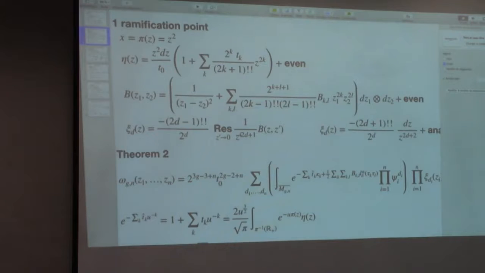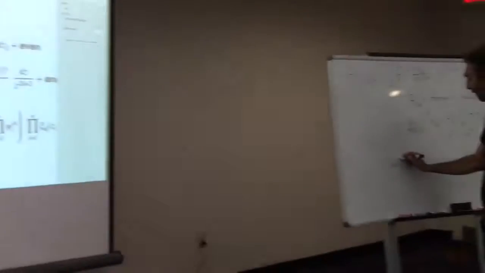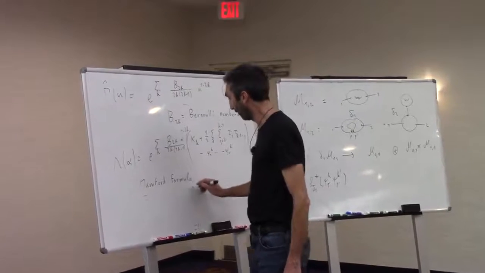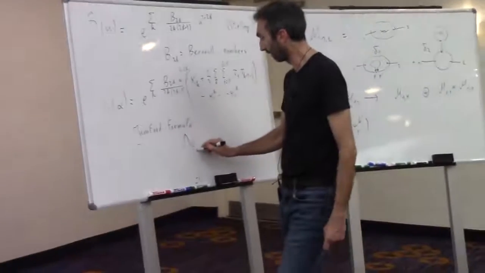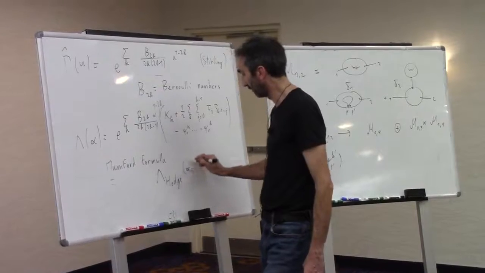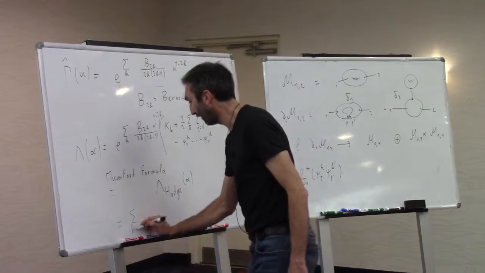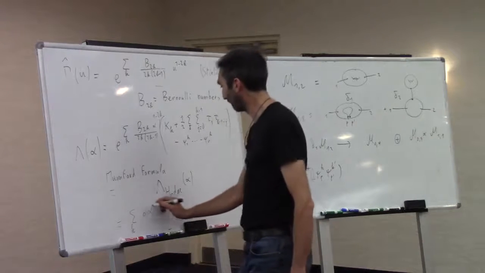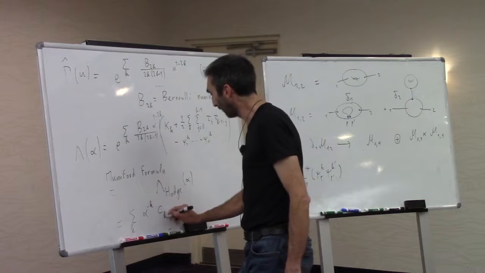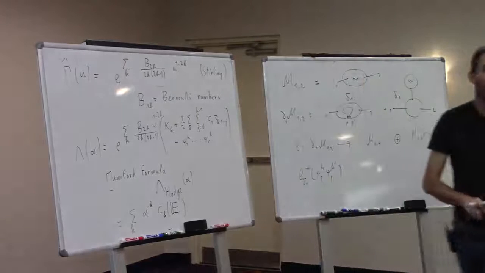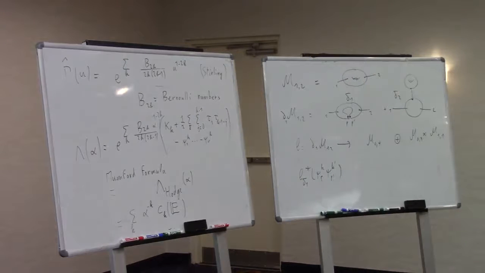I've included them just because this is the famous Mumford formula for the Hodge class, which is sum over k of alpha to the minus k ck of the Hodge bundle, maybe there is a -1 to the power k.